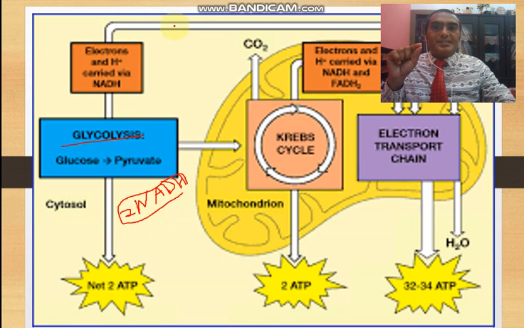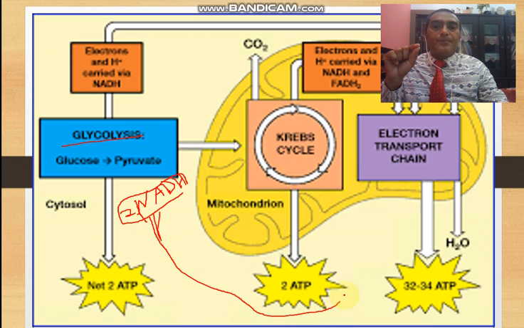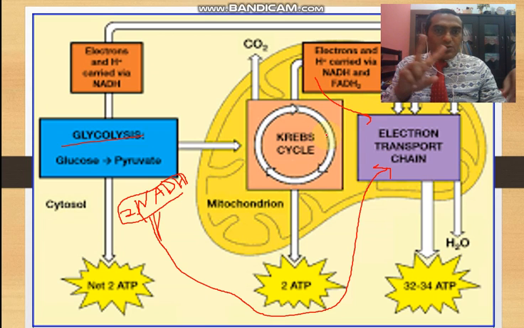We especially use these NADH in the electron transport chain. The Krebs cycle also produces NADH. NADH from glycolysis is 2 NADH, and the oxidation of 1 pyruvate gives 1 NADH, so 2 pyruvate give 2 NADH.